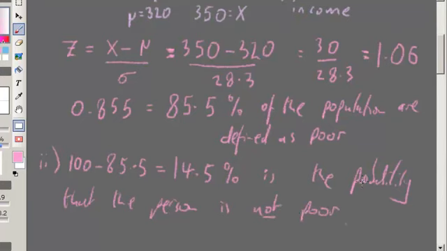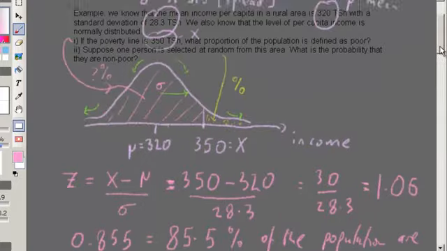So 14.5% is the probability that if you pick a person at random from that village, they won't be poor.